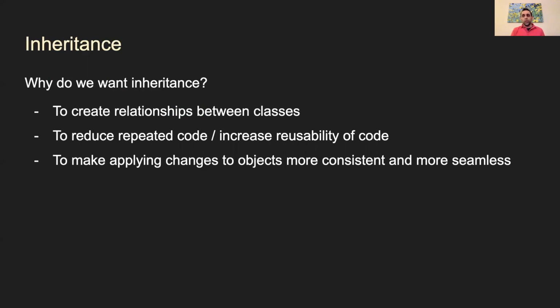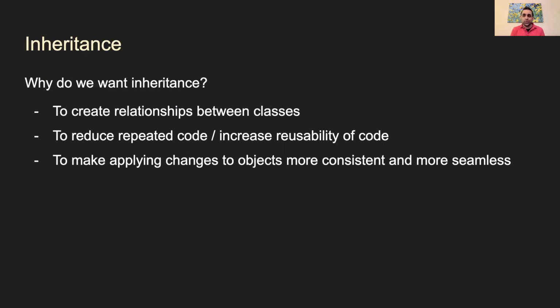Another reason we want inheritance is that it makes changes to our code much more seamless and consistent. Instead of having to update maybe 15 different classes that we may have created, if we structure our class definitions such that they inherit from more generic base classes, it'd be much easier to just update one or two base classes and have the properties, whether attributes or methods, trickle down to all of our derived classes.